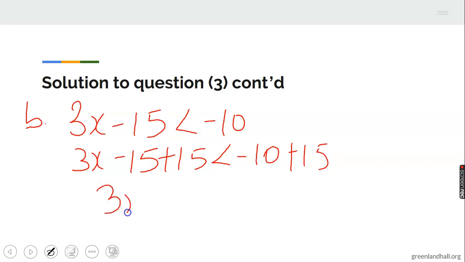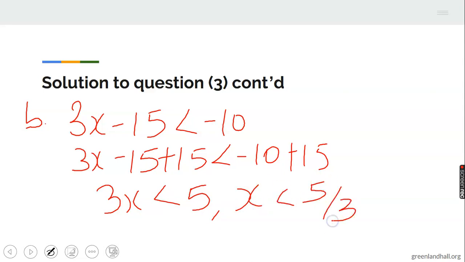And this will be 3x is less than 5. That means x is less than 5 over 3. And 5 over 3 is 1 whole number 2 over 3.